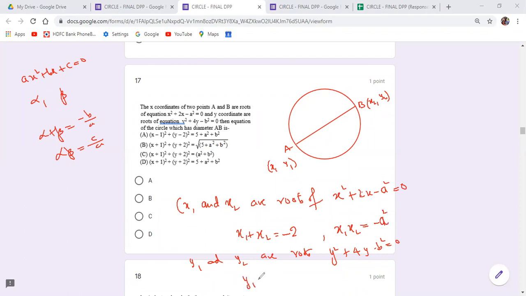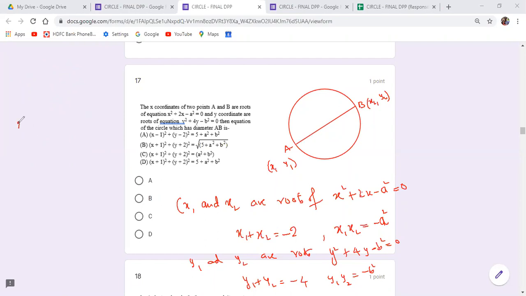So y1 plus y2 is minus 4, and y1 into y2 is minus b square. Now what are you asked to find? The equation of the circle with AB as diameter.